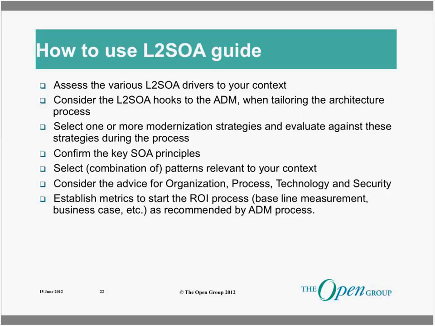And if there are some patterns highlighted in this guide which are relevant, utilize those in your context. Consider advice for the people, organizations, processes, and technologies, and don't forget about the security aspects, because we have to really retest the whole functionality while we're doing the transformation. So security is really a key critical aspect.